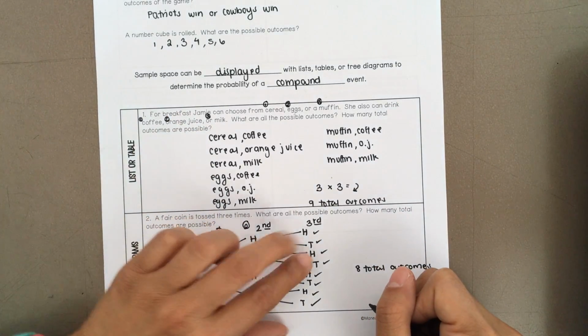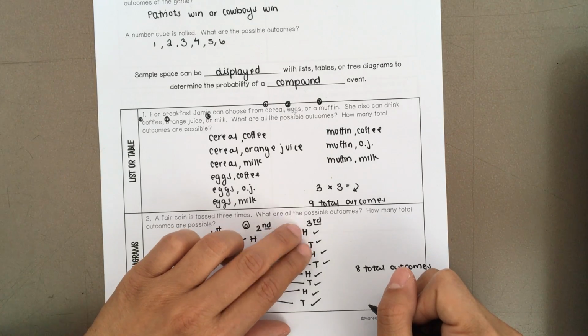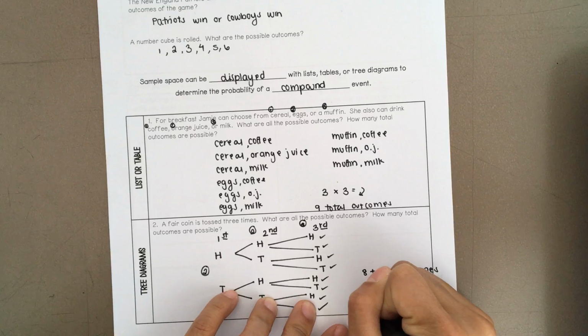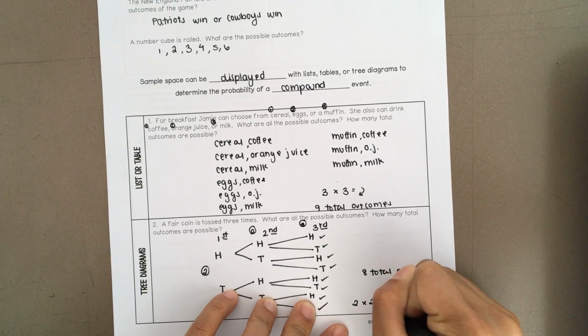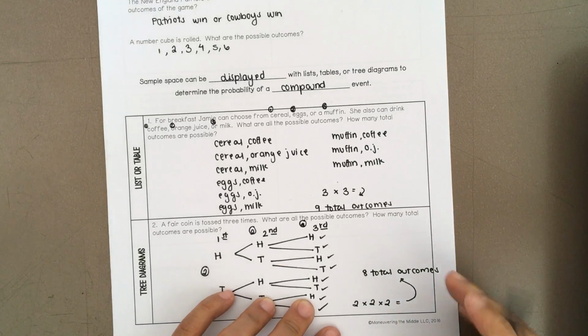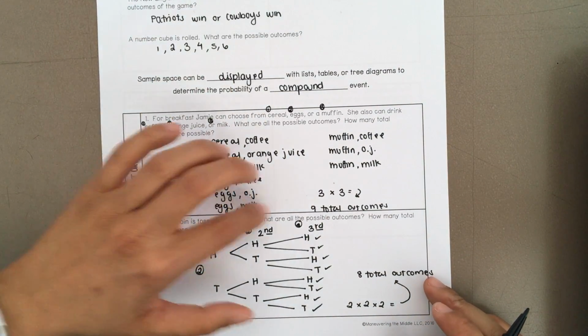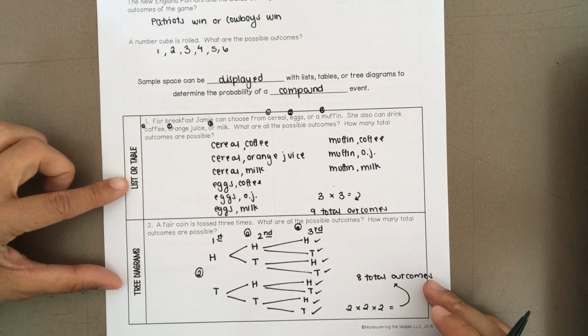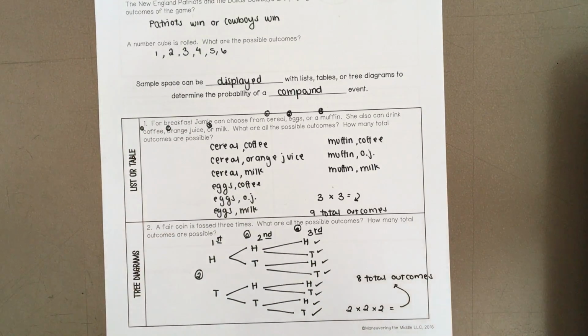And going to number 3, again, you only have heads or tails as your options. So if I do 2 times 2 times 2, that's going to get me 8. If you don't know how to do this mathematically right now, that's totally fine. You're either going to use a list or a table, or you're going to do a tree diagram to help you out.